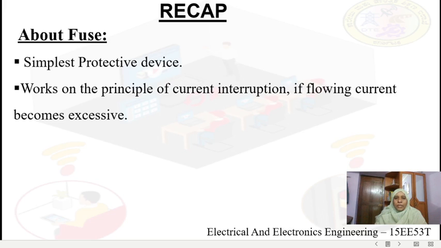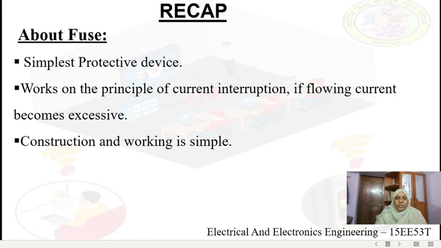Once the fuse element breaks open, it will cut open the circuit into an open circuit. That is the reason why we call it a current interruption device, or it works on the principle of current interruption. Once it opens up the circuit into an open circuit, it clearly separates the circuit into a healthy part and a faulty part.